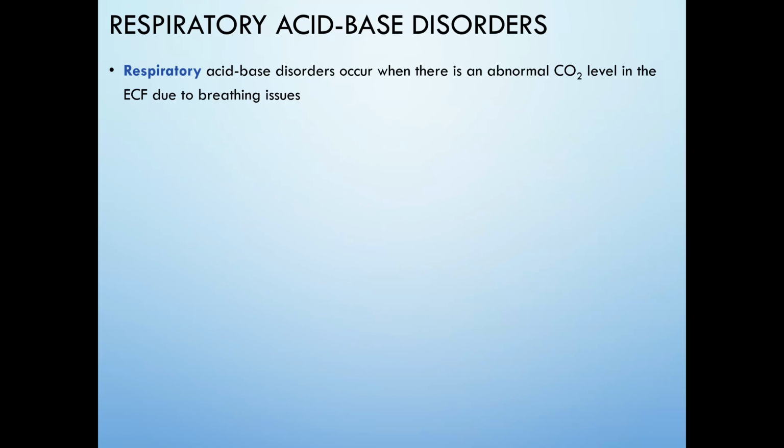So now let's look at respiratory acid-base disorders. So respiratory acid-base disorders occur whenever there is an abnormal carbon dioxide level in the extracellular fluid due to breathing issues. So the first of these is called respiratory acidosis, and this is actually the most common acid-base disorder.